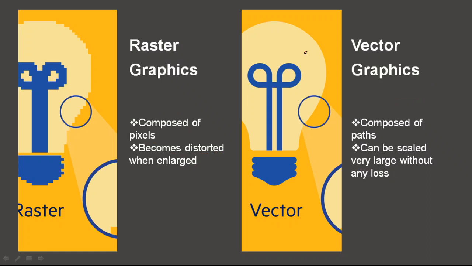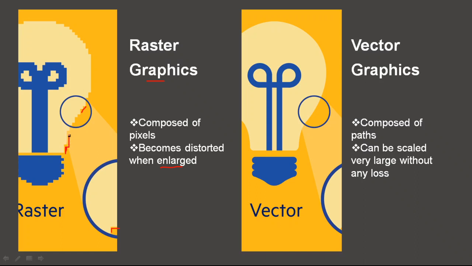Coming to next, when raster graphics are enlarged, their size is increased, they become distorted. Look here. This is a raster graphic. As you can see, as we enlarge the image here, it becomes distorted. We can see the pixels here.